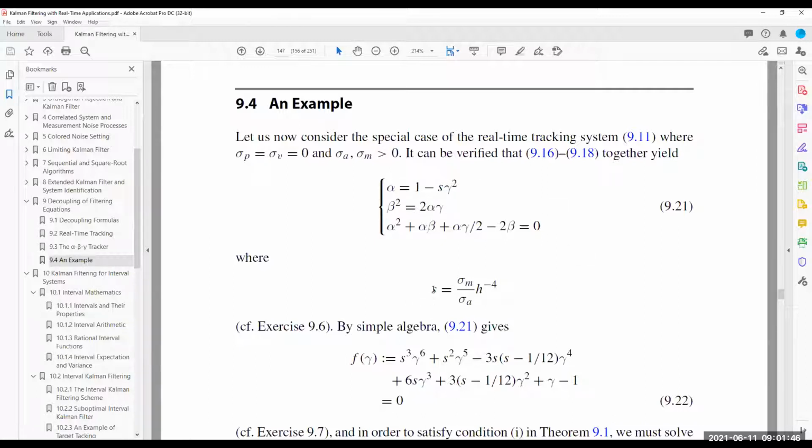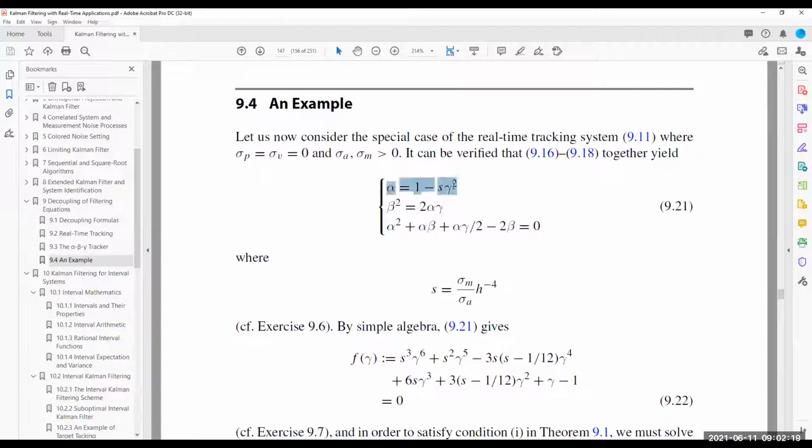Then S is defined as sigma m over sigma a and h to the power of -4. So we have three equations and three unknowns: alpha, beta, and gamma, the three parameters we need to design. Then we can eliminate the variables to calculate alpha, beta, and gamma when S is given.